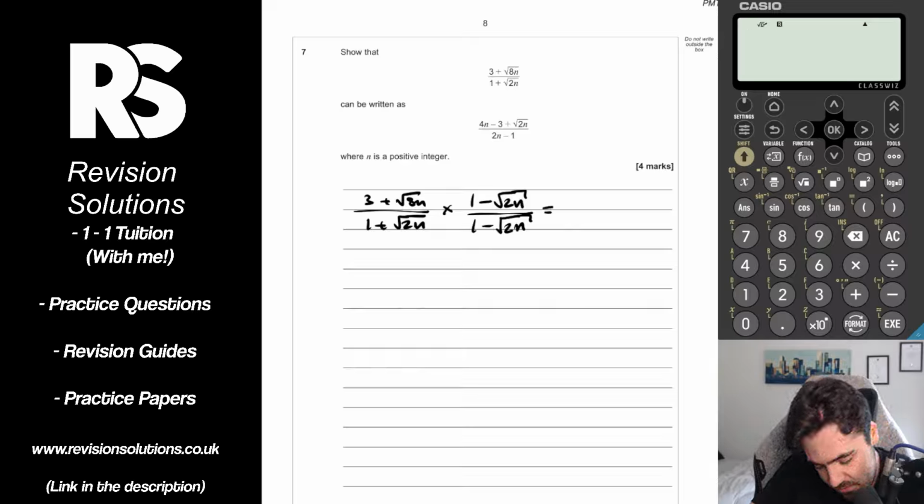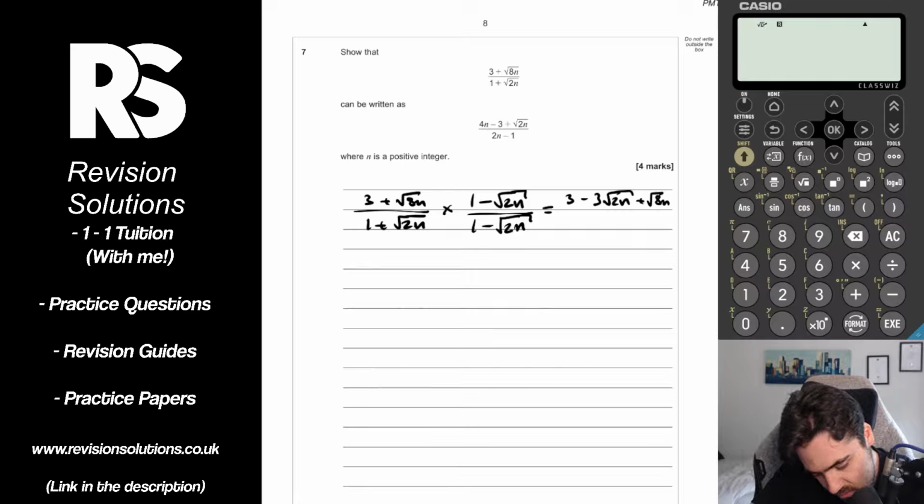Then expanding out, because we'd have to do double brackets here, twice on the top and bottom. So we'd have 3 times 1, that's 3. 3 times minus root 2n, let's call that minus 3 root 2n. Then we've got root 8n times 1, so that's plus root 8n.